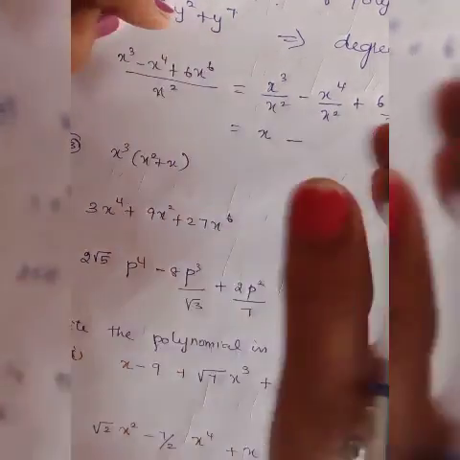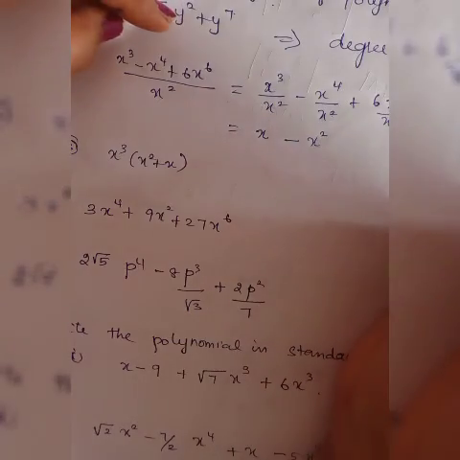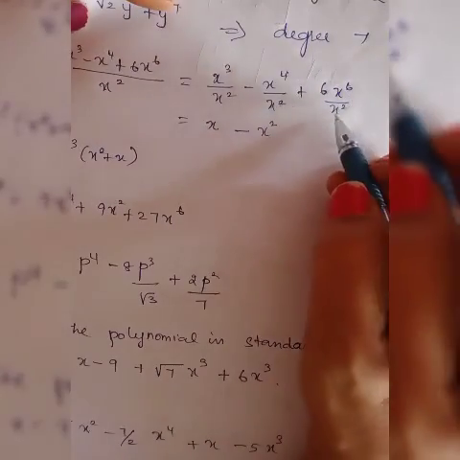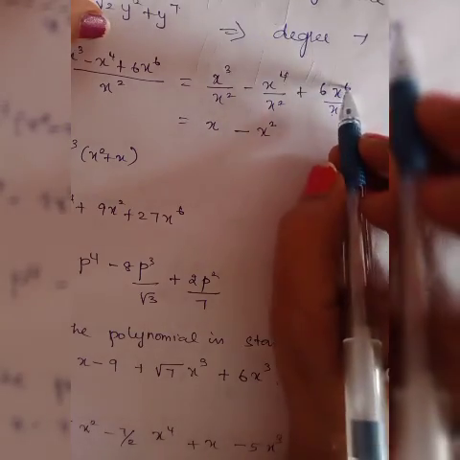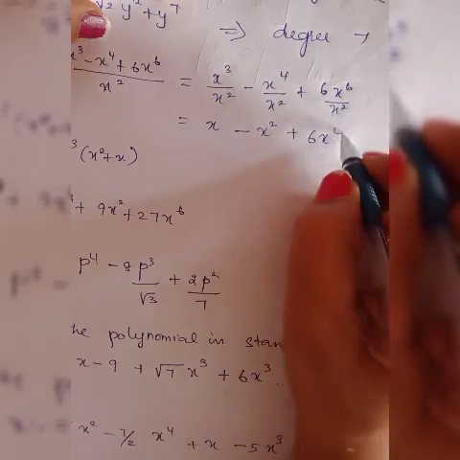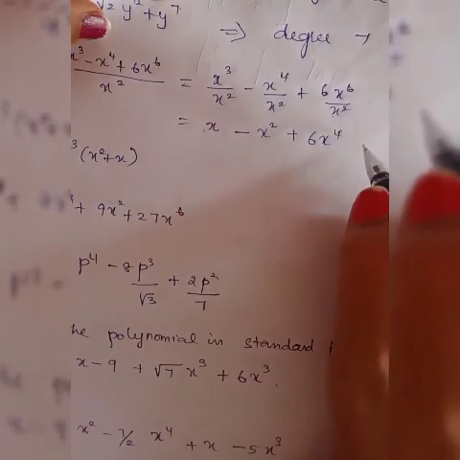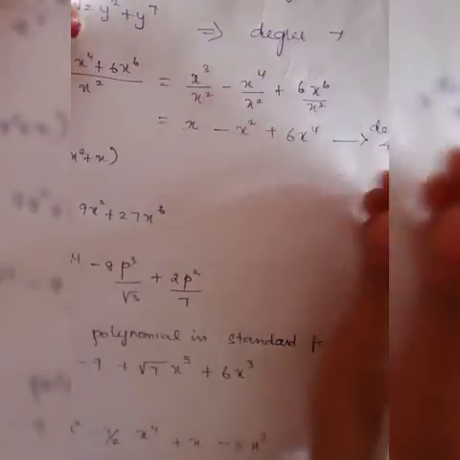For x power 4 over x square, it is 4 minus 2, so x power 2. Here x power 6 over x power 2: dividing means subtracting the powers, 6 minus 2 is 4, so 6x power 4. The highest power is 4. So the degree of this polynomial is 4.